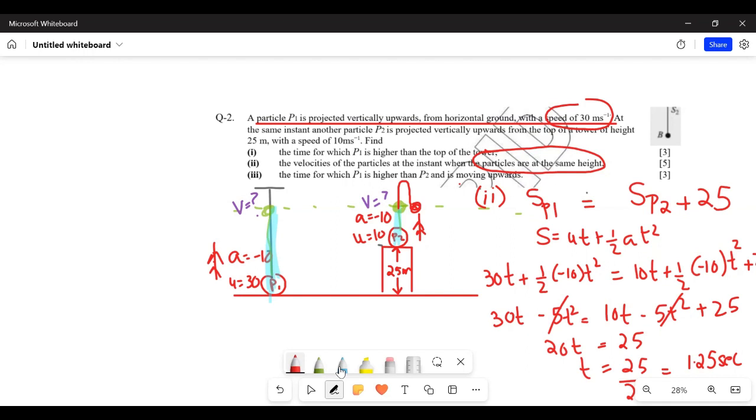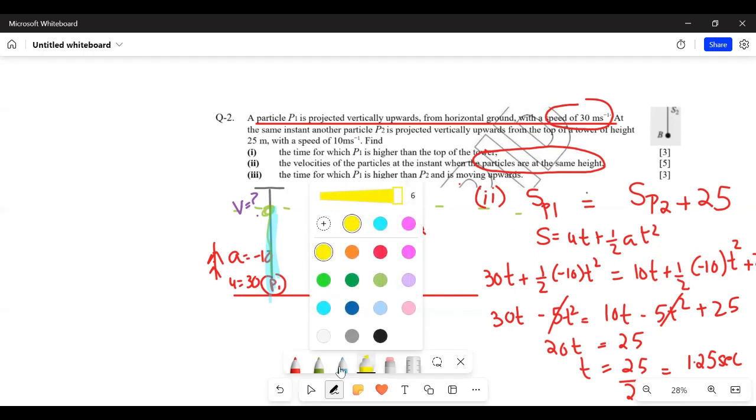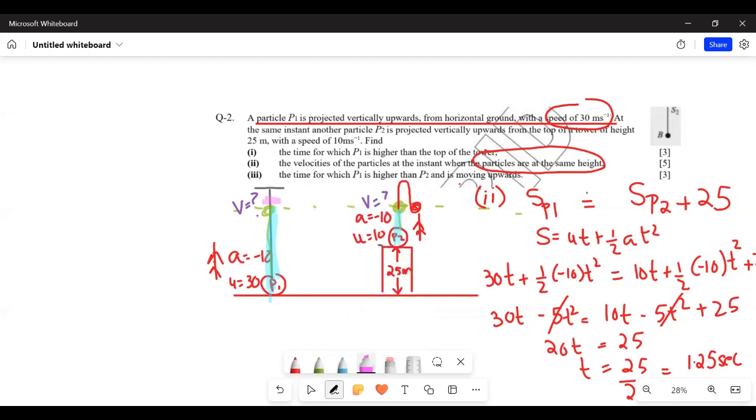The time for which P1 is higher than P2 and is moving upwards. So the time for which P1 is higher than P2 and is moving upwards, that means they're asking for this time slot. इस region में time कितना है? Because in this region, P1 is moving upwards and it is higher than P2.